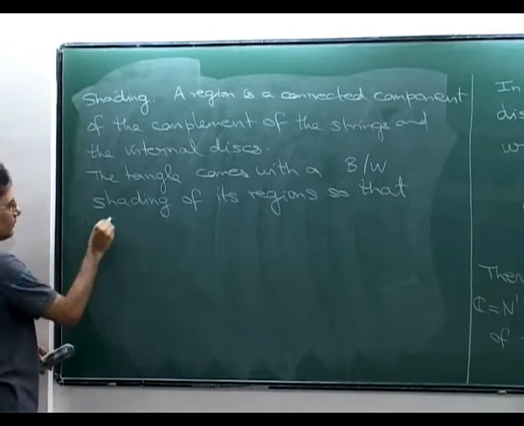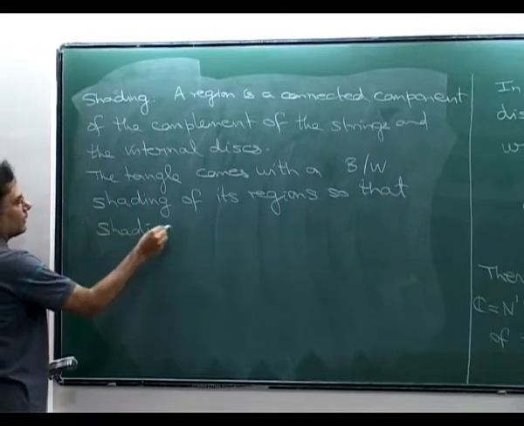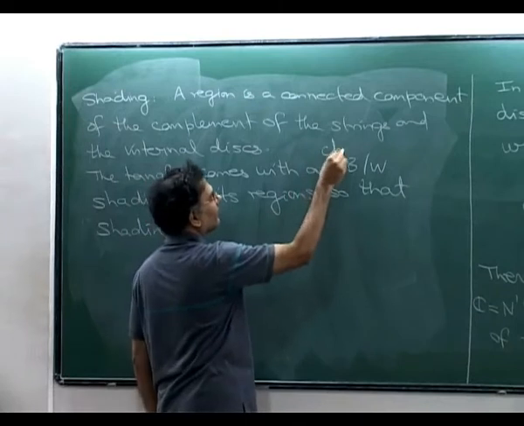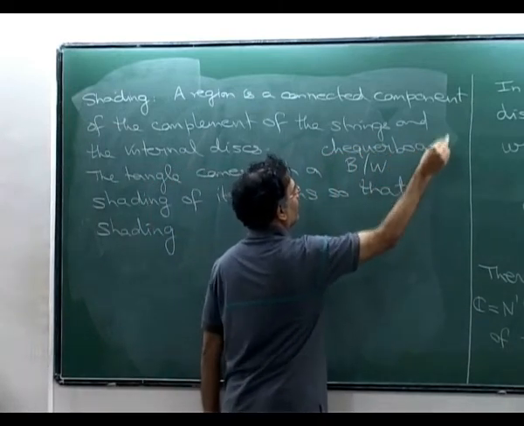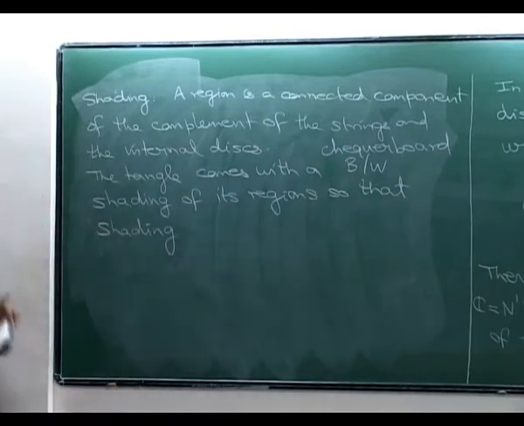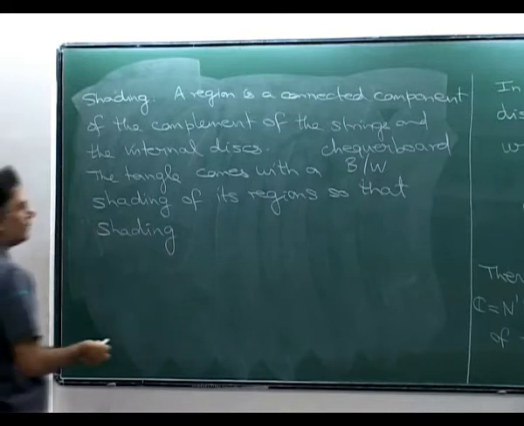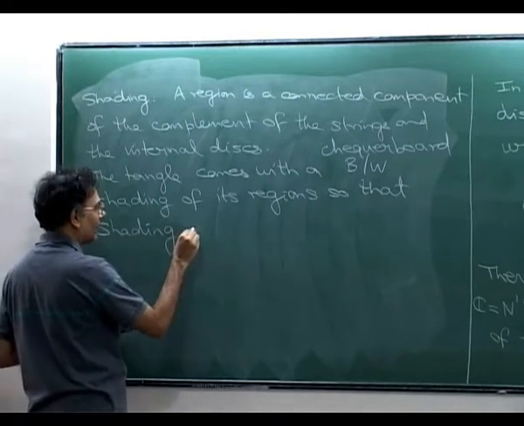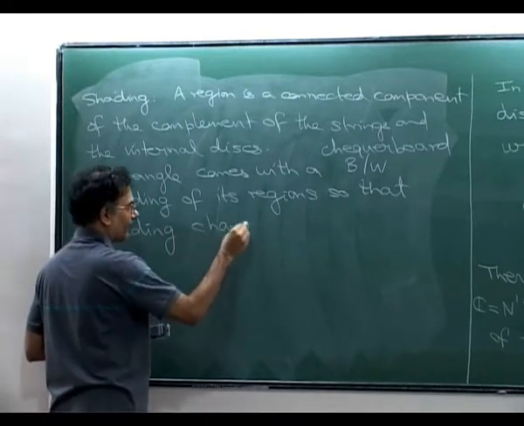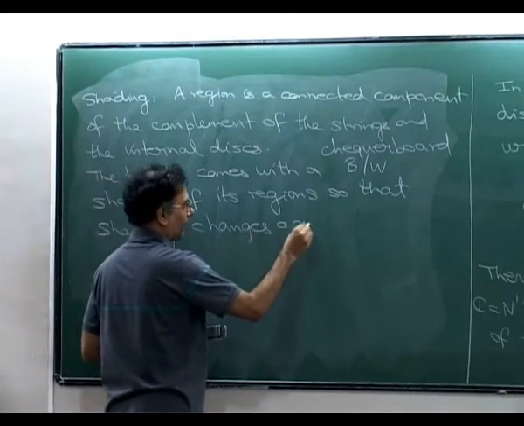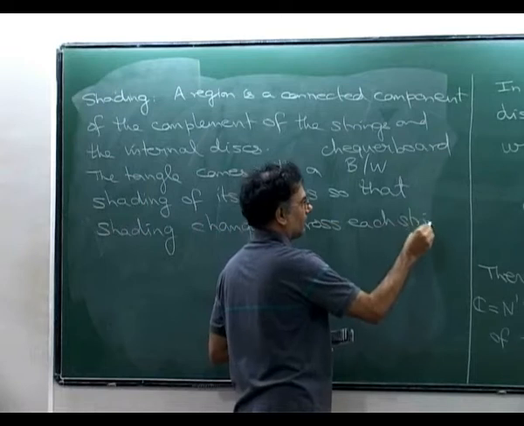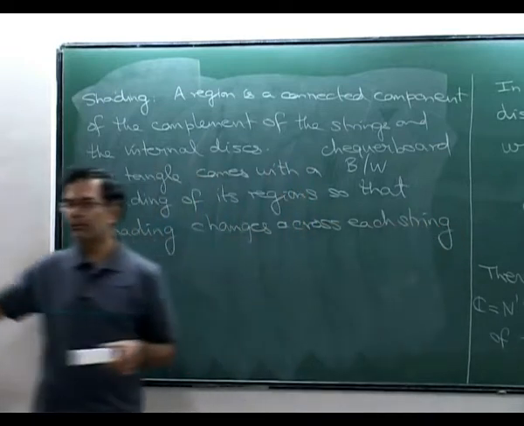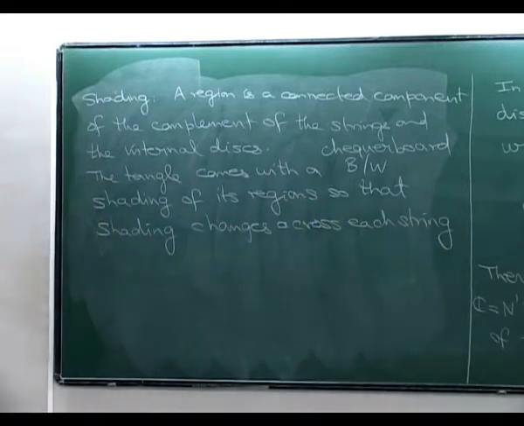Why don't you just call it checkerboard shading? Yeah. Just like a chessboard or a checkerboard, right? Across any line, across those boundary lines, it must change color. So that shading changes across each string. Let me give a shading for this thing.